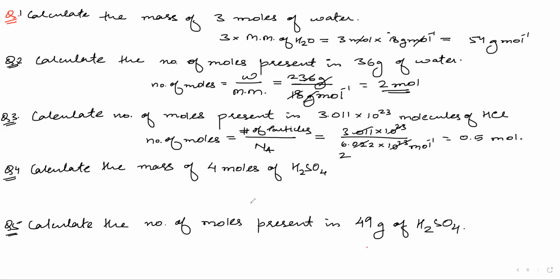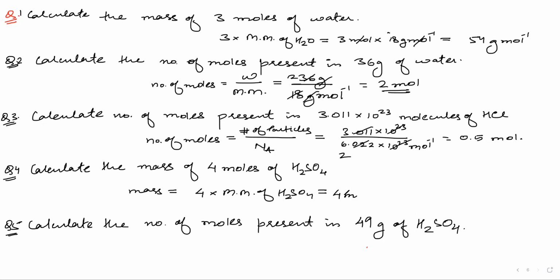So for the 4th one, calculate the mass of 4 moles of H2SO4. So the mass will be equal to 4 into the molar mass of H2SO4. This will be equal to 4 into 98 grams. Let me write the unit also.